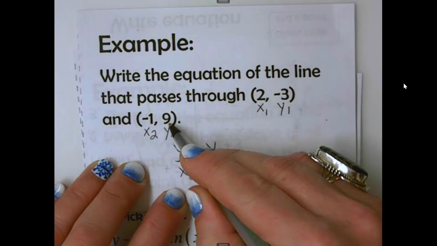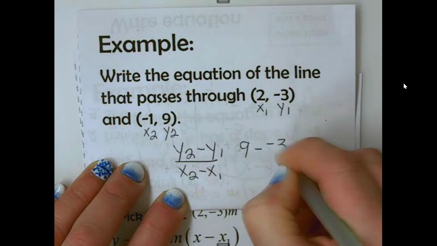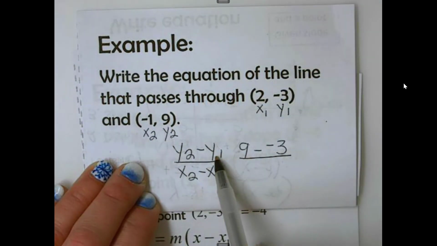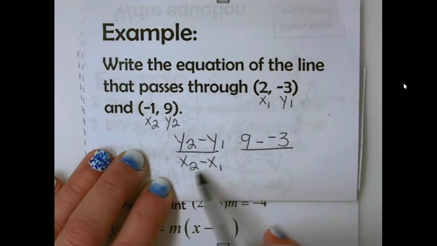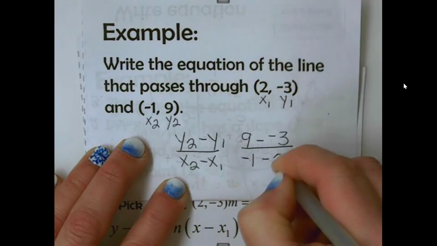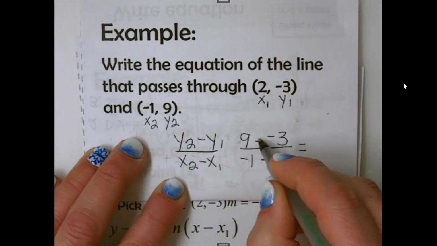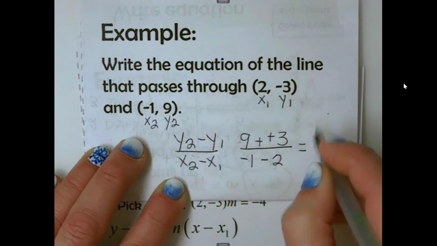And then I'm going to substitute in those values. y2 minus y1, I'm going to go 9 minus a negative 3. So remember the formula is to subtract. Sometimes we have to substitute in a negative. So then the denominator, x2 minus x1, negative 1 minus 2. Okay, so let's simplify that. Subtract a negative becomes plus. 9 plus 3 is 12.